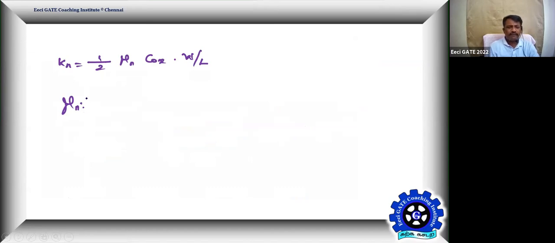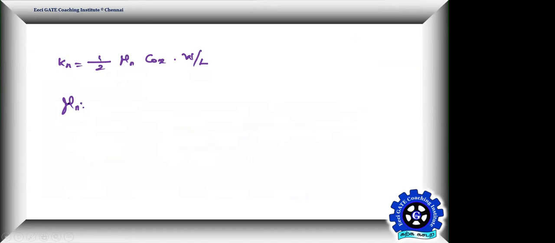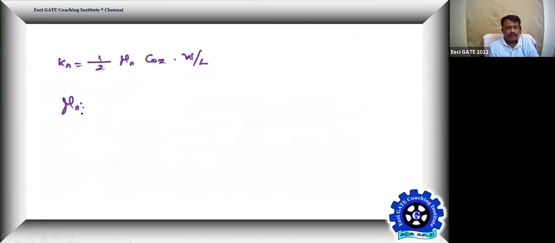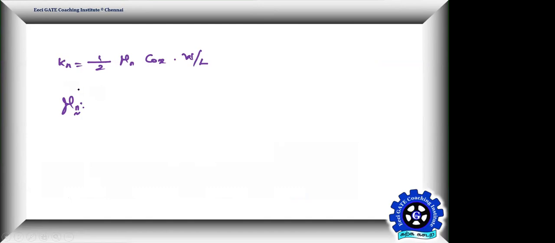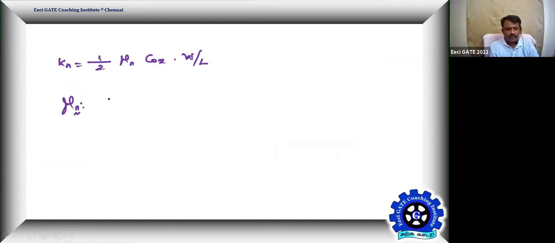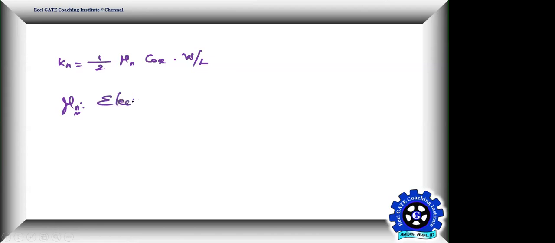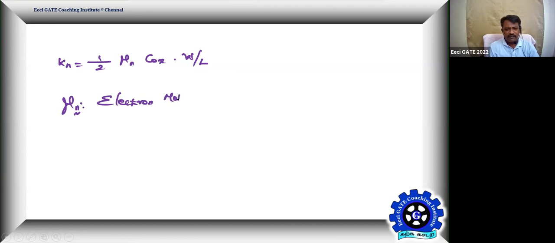So this mu n refers to mobility. Mu refers to mobility. So in N channel, who are your charge carriers? Electrons. In P type, it is holes. So this is talking about electron mobility. Mu n refers to electron mobility.